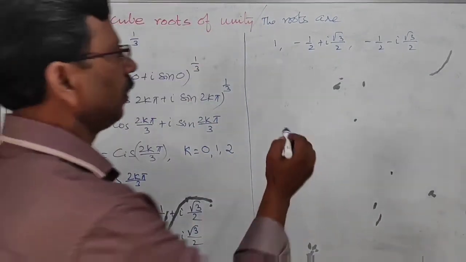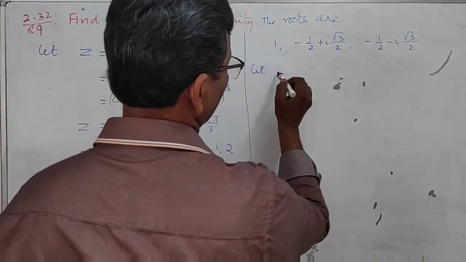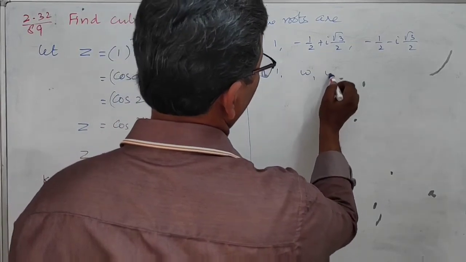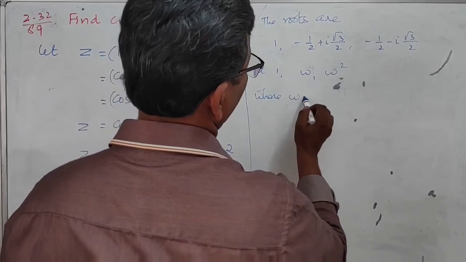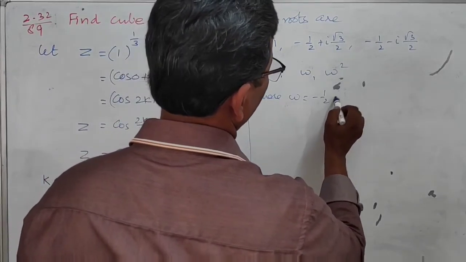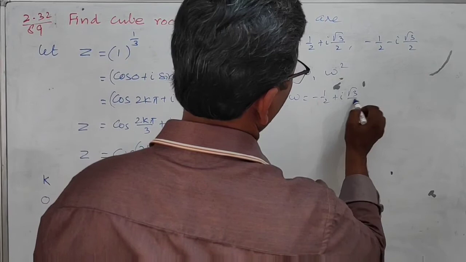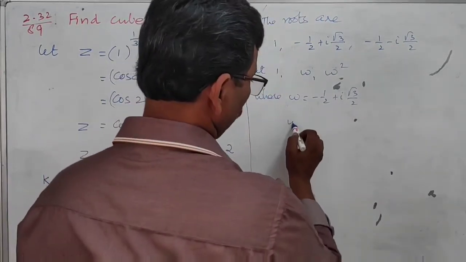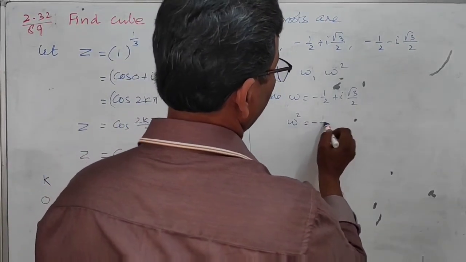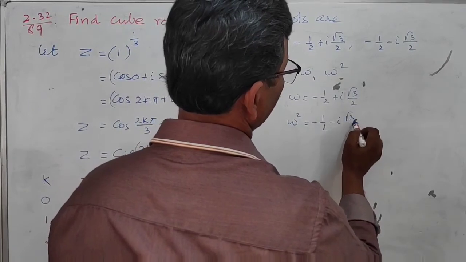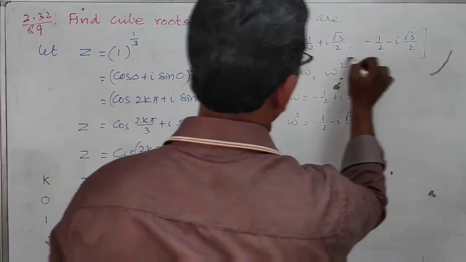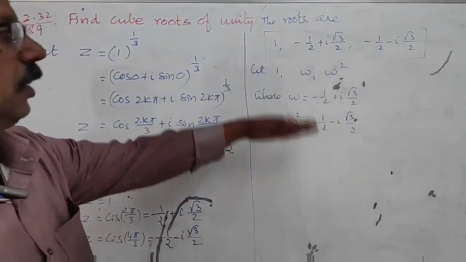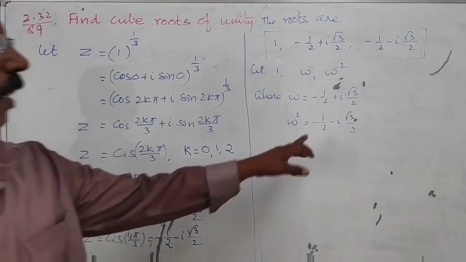Now, we can take these roots as 1, omega, omega square, where omega is equal to minus 1 by 2 plus i root 3 by 2 and omega square is equal to minus 1 by 2 minus i root 3 by 2. Now you can stop with this one. This is the solution.